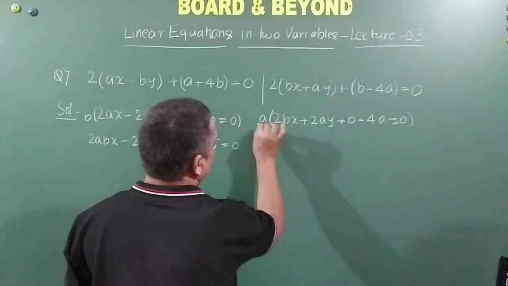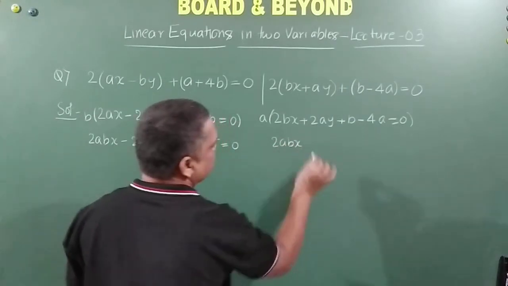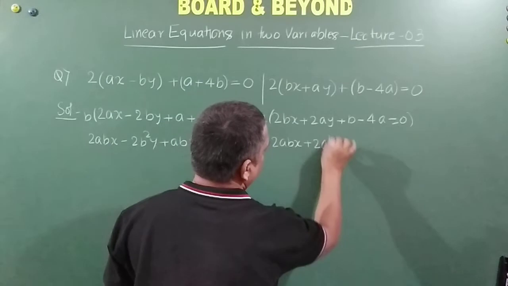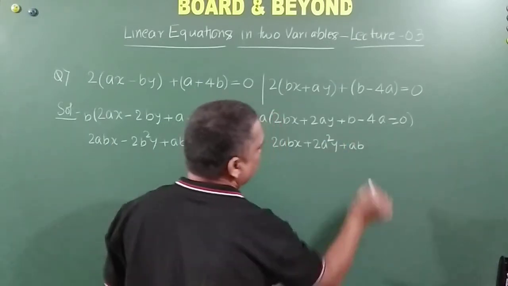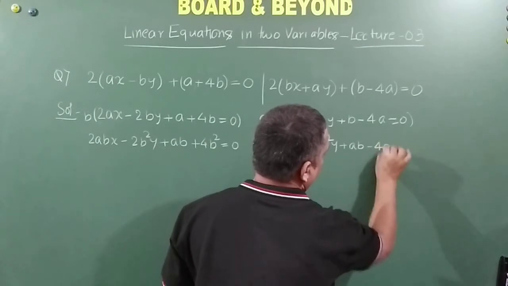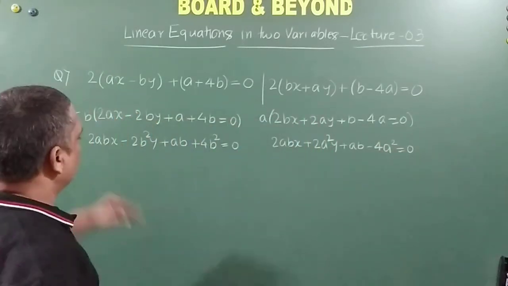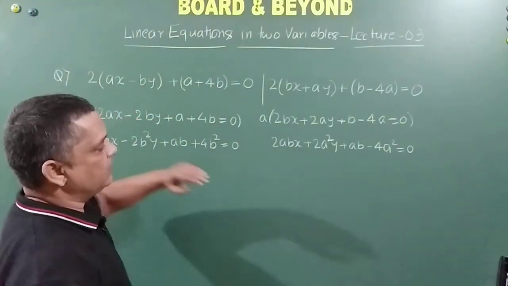Let's manipulate it here: 2abx plus 2a square y plus ab minus 4a square is equal to 0, right? Now I will write this equation below the first and then try to subtract.